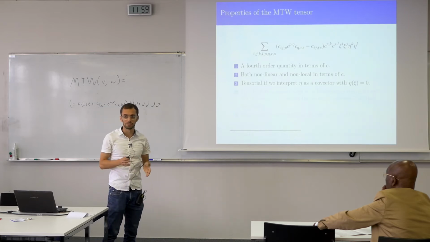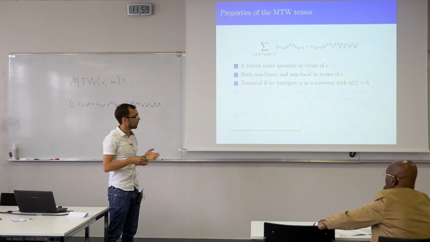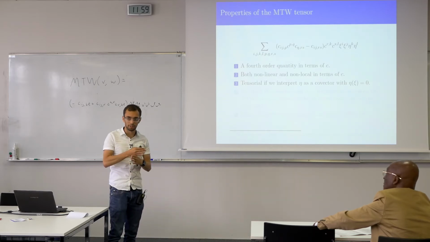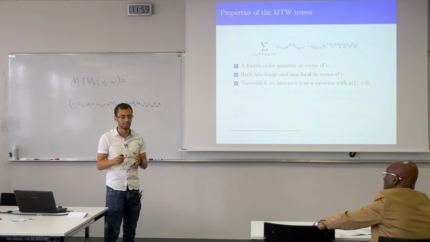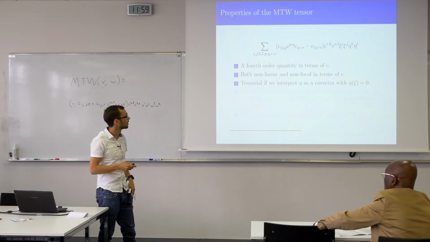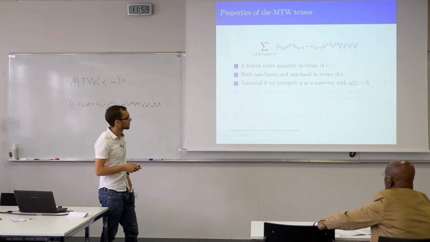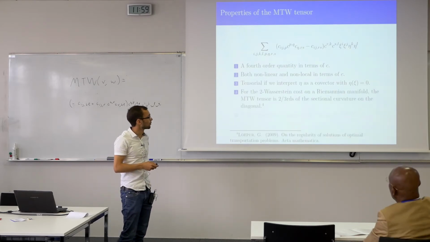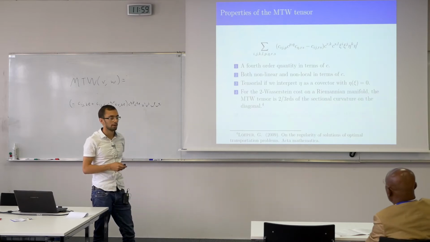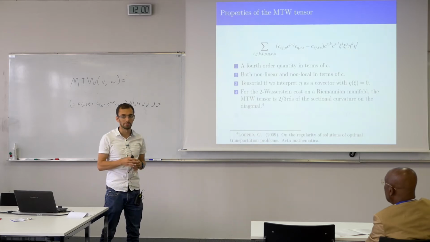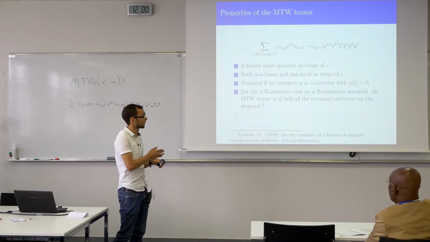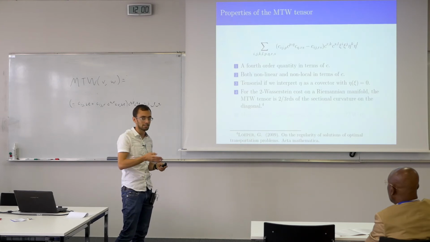The origin of this is that Trudinger and Wang are experts in PDEs. So they understood the orthogonality, but from a differential geometric point of view, it's better to think of it this way, at least when written like this. For the two Wasserstein cost on a Riemannian manifold, Loeper showed that it's 2/3 of the sectional curvature if you restrict to the diagonal where x equals y.